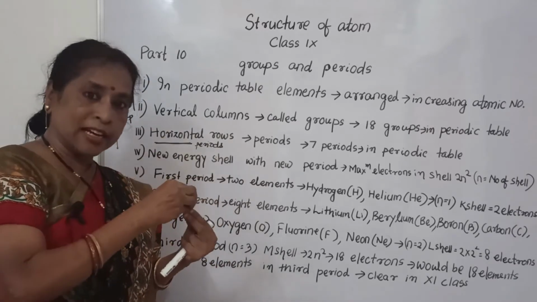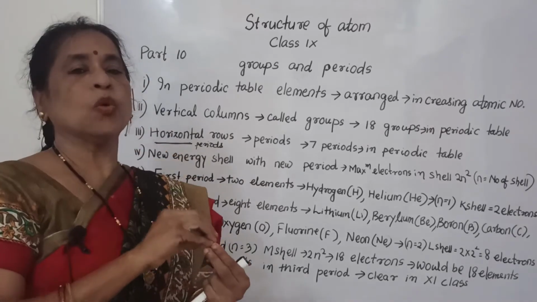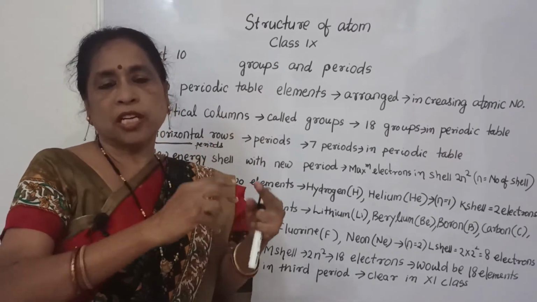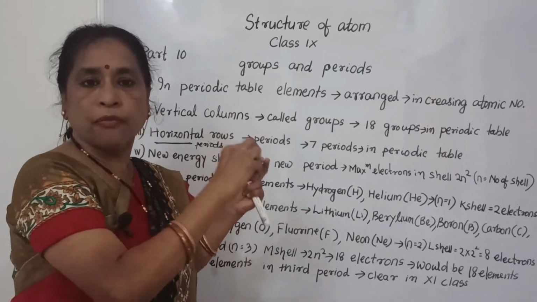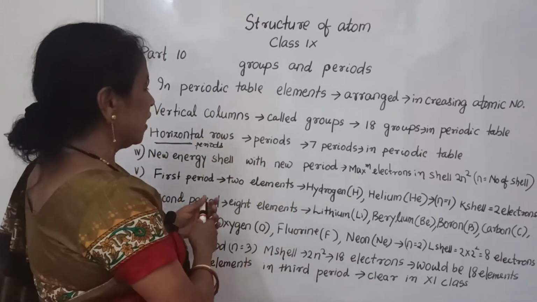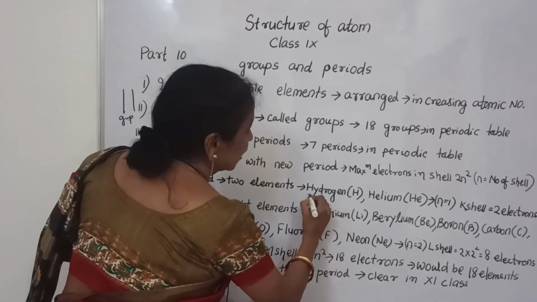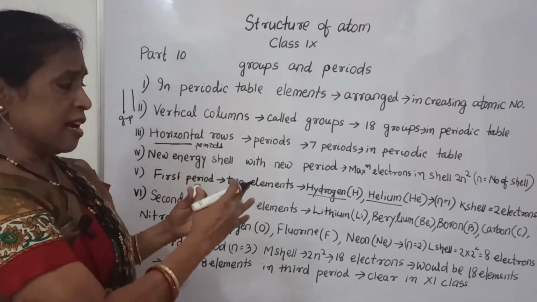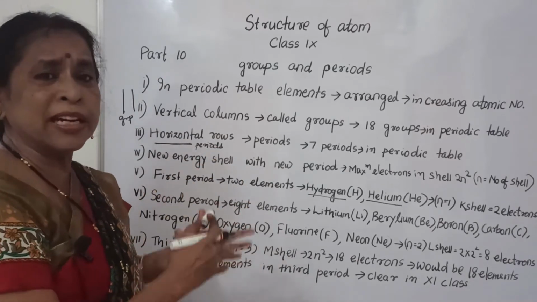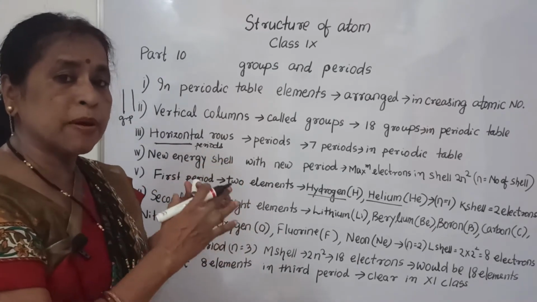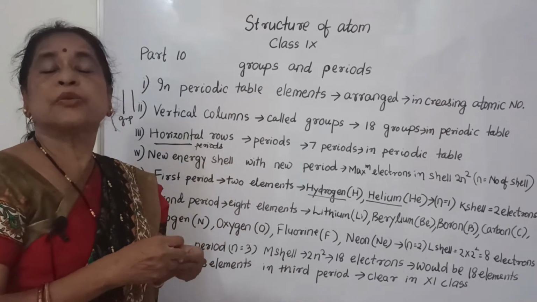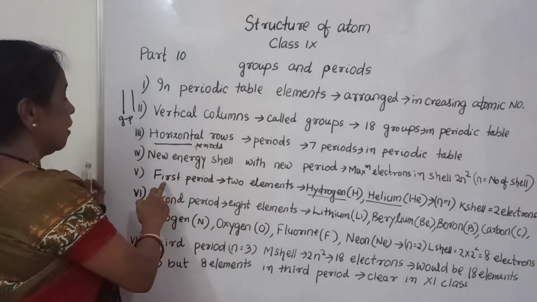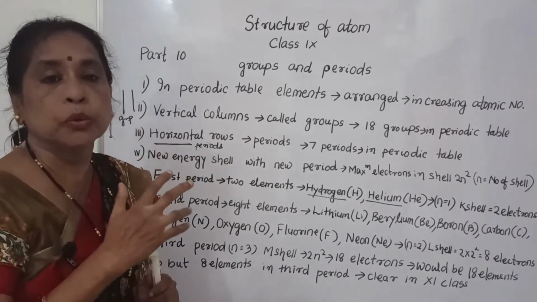That means the first period contains only 2 elements, because only 2 electrons are available in the K shell or first period. That is why one is hydrogen and the second is helium. Here n equal to 1, K shell, maximum number of electrons 2n square, 2 into 1 to the power 2, that is equal to 2. That is why the first period contains 2 elements.